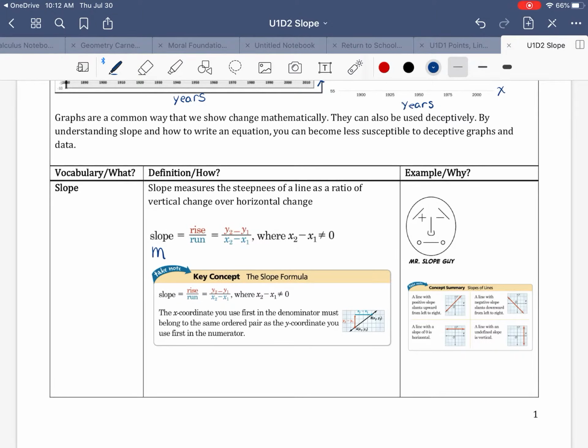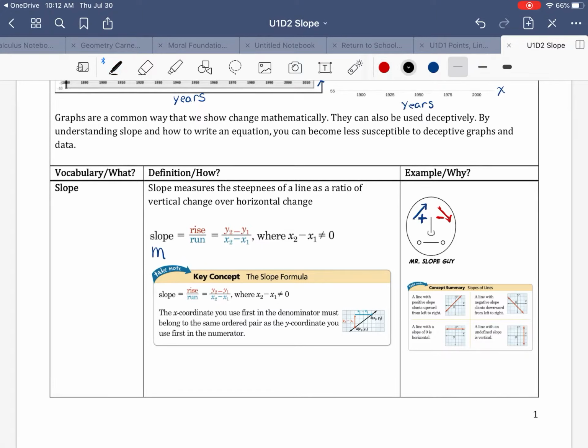If we look at the right here, Mr. Slope Guy helps us kind of quickly remind us and recognize if we have a positive slope, right? So this guy is positive, and that is a line that is going with a positive slope. If you have a negative slope, we'll have a line that goes downwards from left to right.